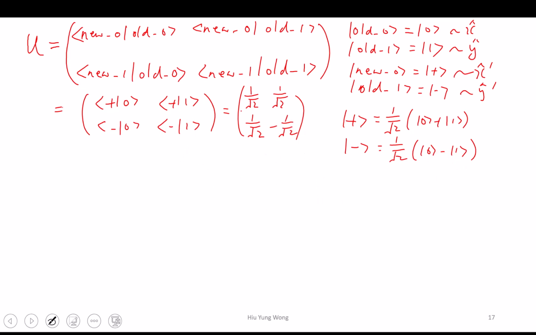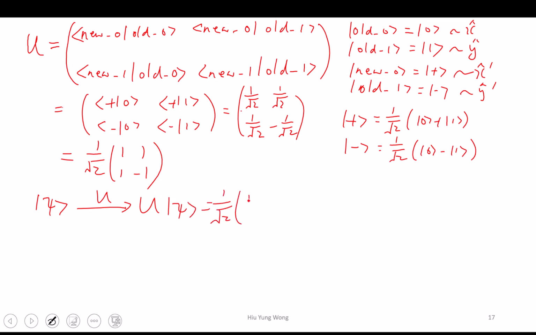By the way, what is this? This is just the Hadamard gate. And indeed, that is what we know. Now let me show you. If I transform psi, it is U times psi, which equals 1 over square root 2, matrix 1, 1, 1, negative 1, times alpha, beta.